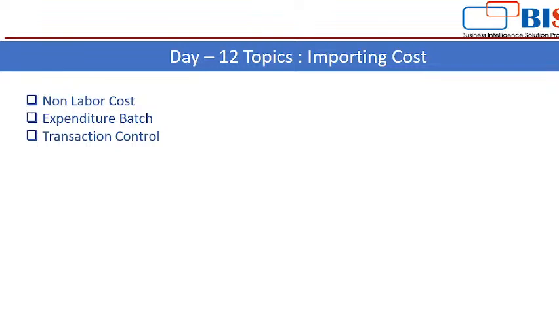So let me give you one example. Say we have one equipment in our organization and our projects are using that equipment for business purposes. Now how will you distribute the cost of that equipment to the different projects?